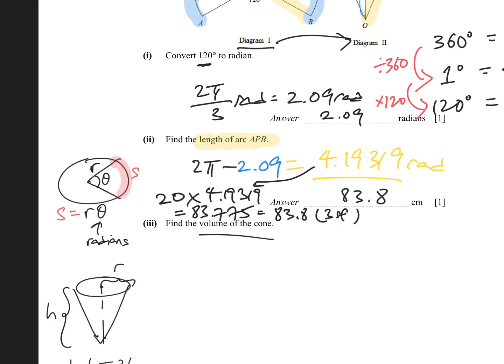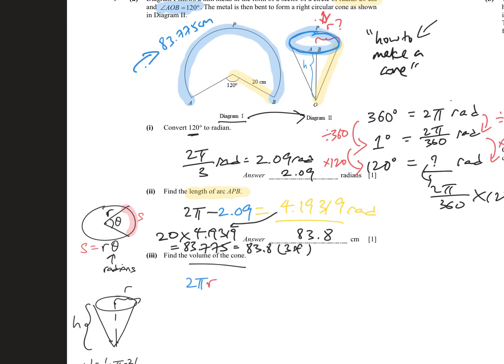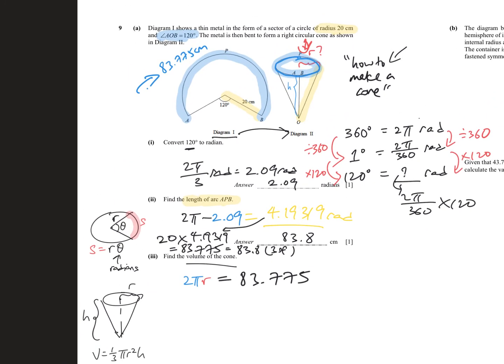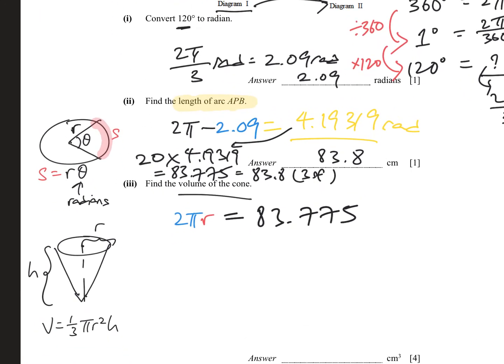So we can say that 2 pi r, where this r is actually this r, right? And that is actually equal to 83.775 cm. Yeah, that's pretty neat, right? And then we can just solve for r, and that r is simply 13.333 cm. Good.